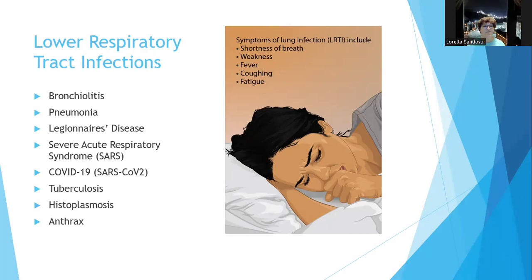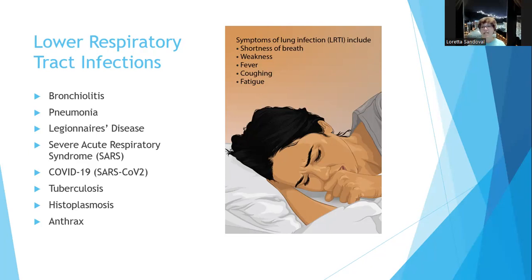And so it says the COVID-19 and they're working on a vaccine. So now we know everything we need to know about COVID-19, right? If not, we'll talk about it, but it's another lower respiratory tract infection. Tuberculosis, histoplasmosis, and anthrax. So all serious, horrible stuff.